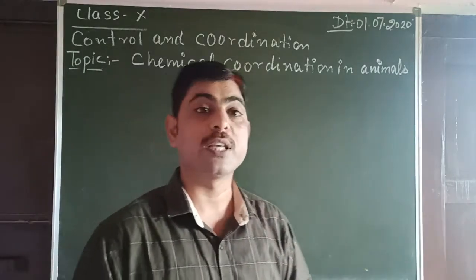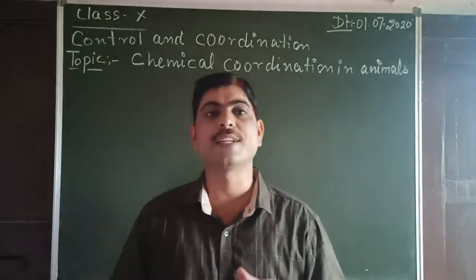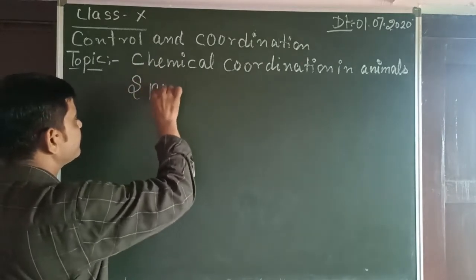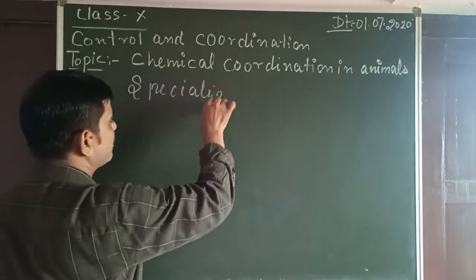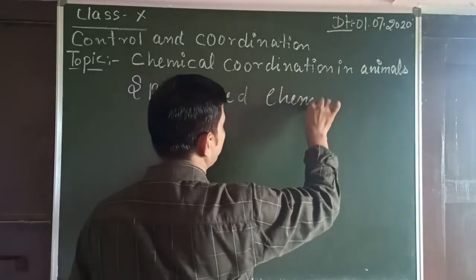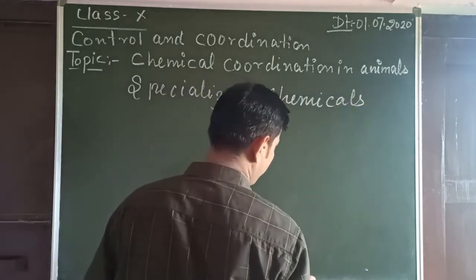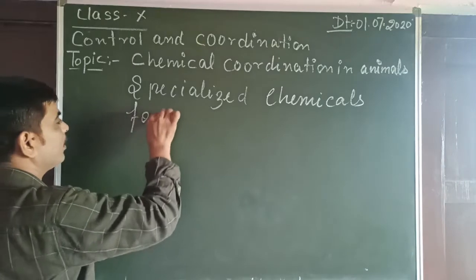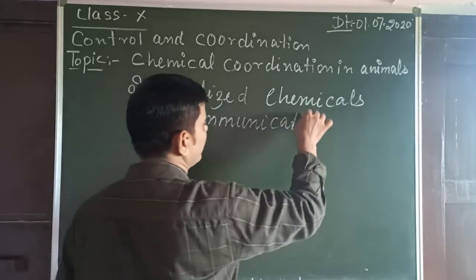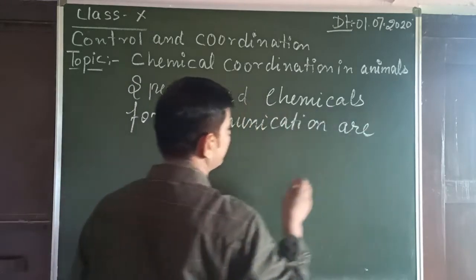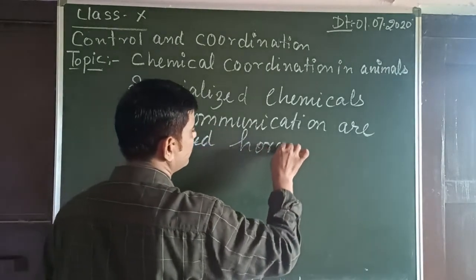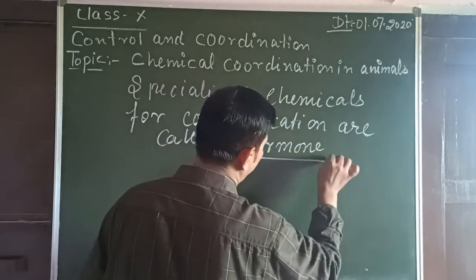Then what are those chemicals? Those chemicals are called hormones. Specialized chemicals for communication are called hormones.